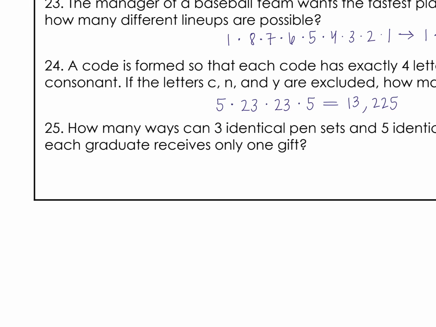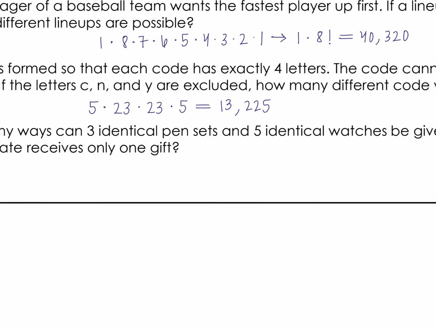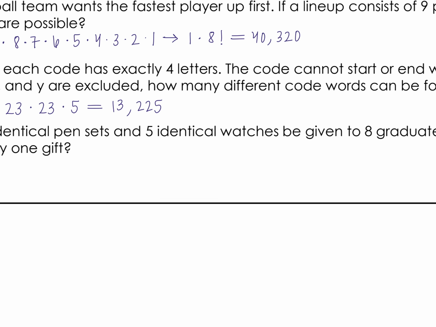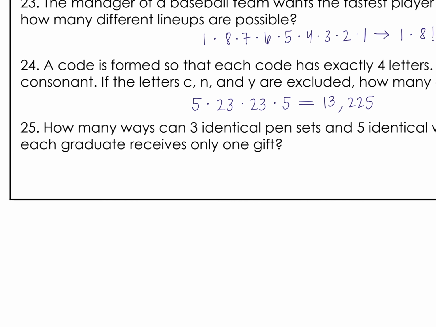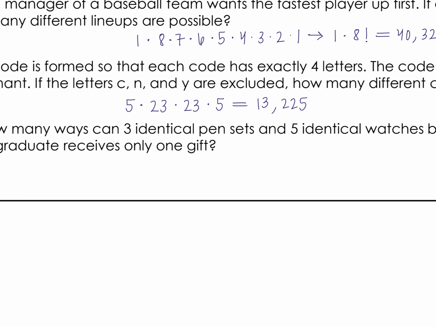All right, our very last problem for these notes: how many ways can 3 identical pen sets and 5 identical watches be given to 8 graduates if each graduate receives only 1 gift? We have that lovely term in here of identical. They're the same exact thing.